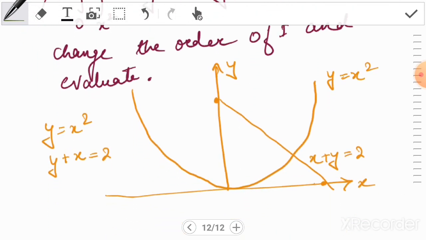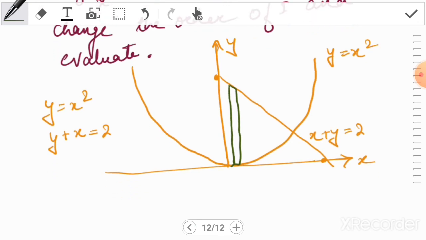That means we have a vertical strip. In order to change the order of integration, we first integrate with respect to x along the horizontal strip.